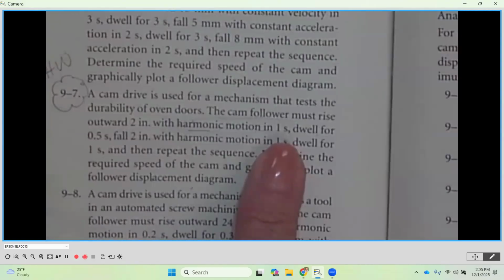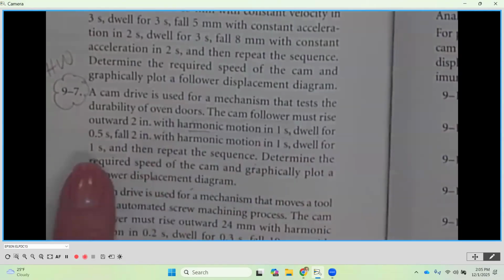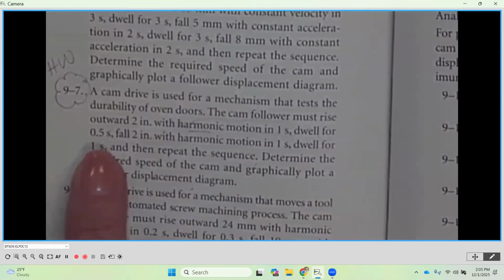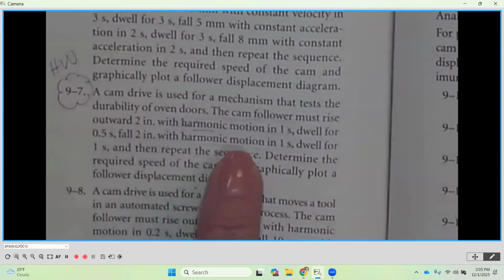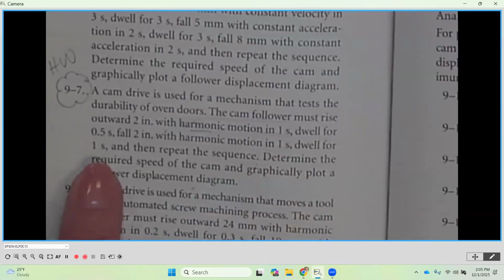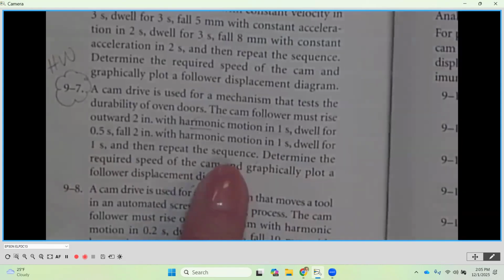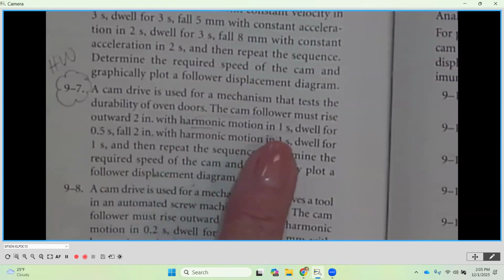So that's our first motion scheme. It's going to dwell 0.5 seconds, fall 2 inches with harmonic motion in 1 second, and then dwell for 1 second, and then repeat that sequence. So there are 4 steps here. There's a rise using harmonic motion in 1 second.